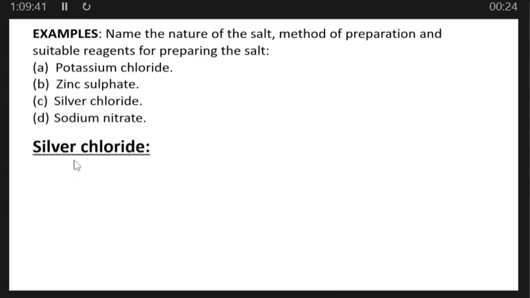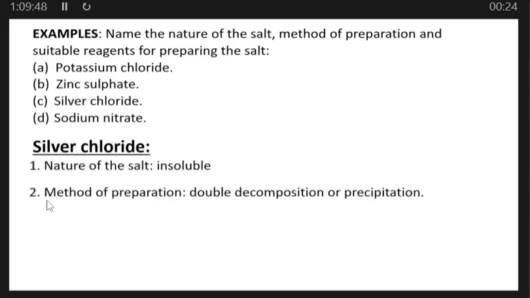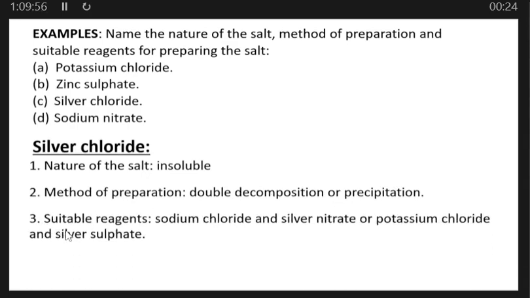So we are going to say silver chloride, nature of the salt, insoluble. Then method of preparation, double decomposition or precipitation. Now let's look at the suitable reagents. We need two soluble salts to give silver chloride.